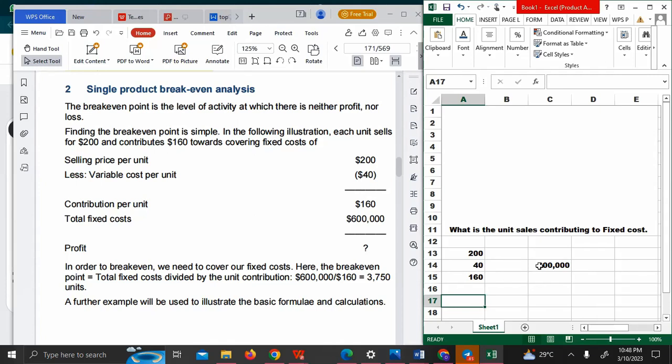The profit is after I have deducted my fixed cost per unit. Exactly. So are you saying that contribution is just like gross profit? Exactly. That is it. Okay.